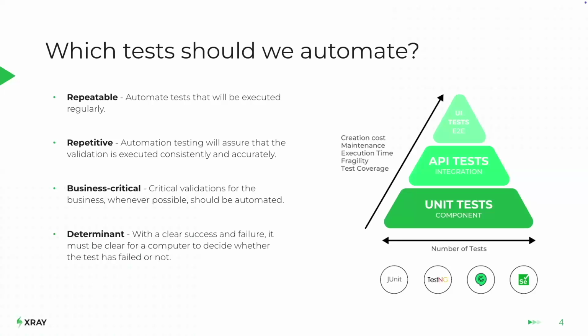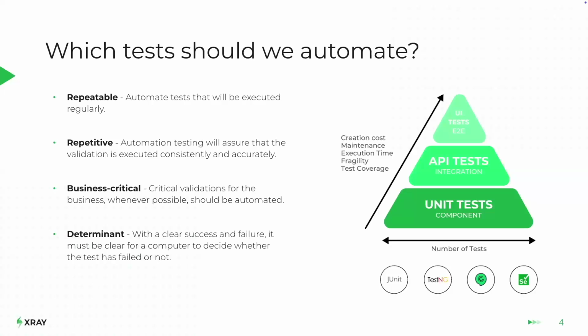The execution time will be greater as you climb the pyramid. The tests will be more brittle, even though the coverage will increase. And in terms of number, you should have the highest number of tests at the base of the pyramid and have fewer and fewer tests as you climb the pyramid.